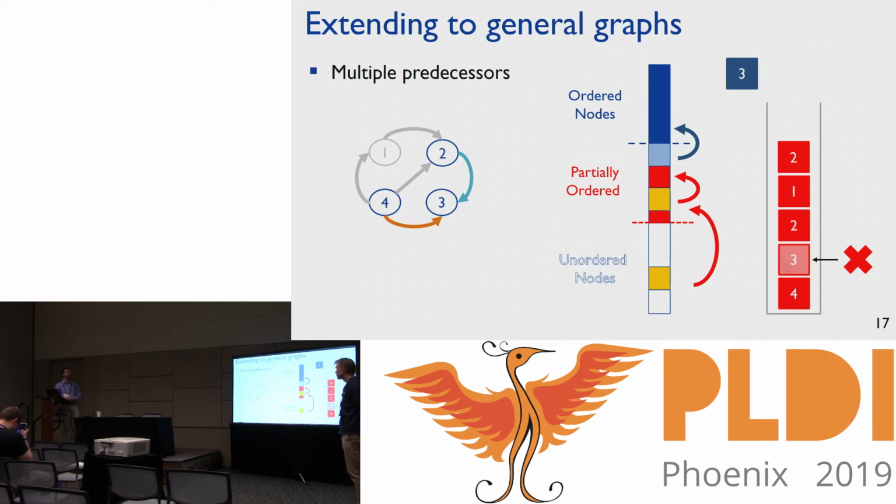There's no direct jump from one to the other. You typically first pass to the partially ordered, then you check whether you have other nodes that you are connected with, and if it's not the case, then you move into the ordered one. But for directed graphs, you might have something going back, so you have to.